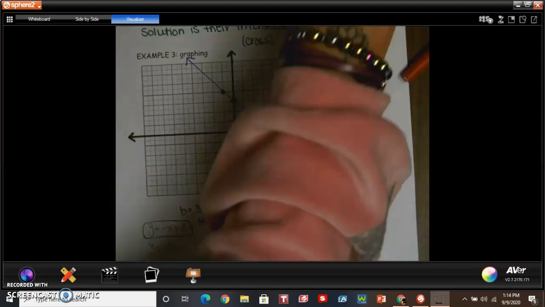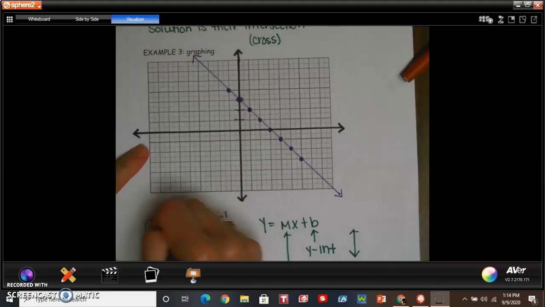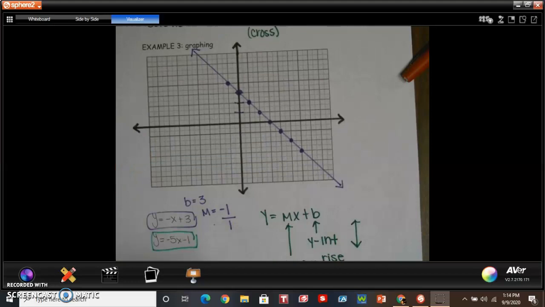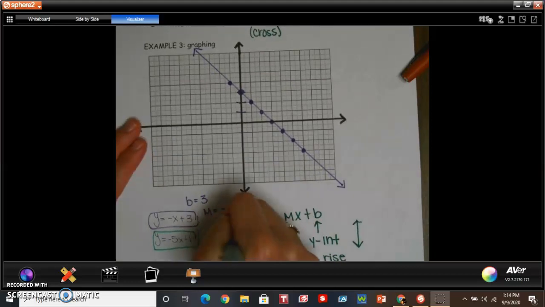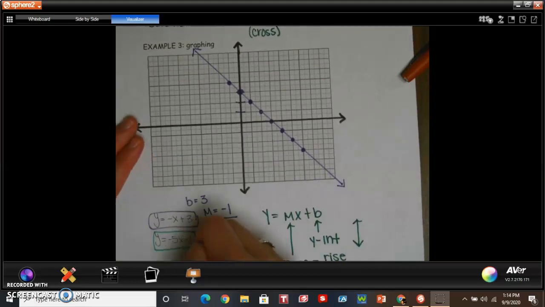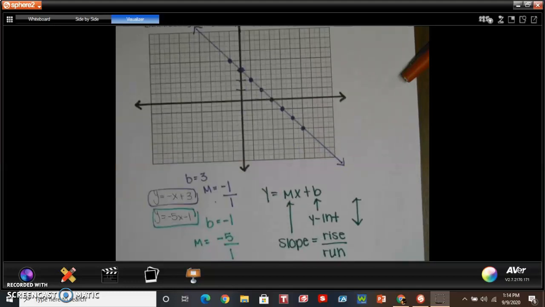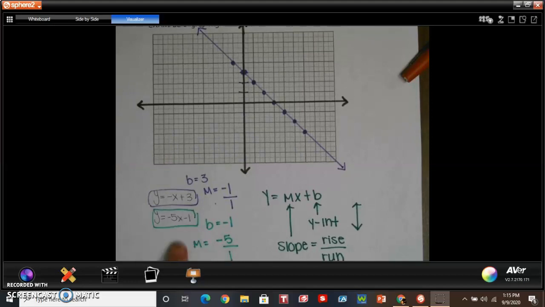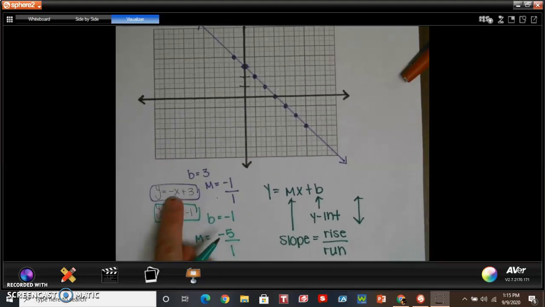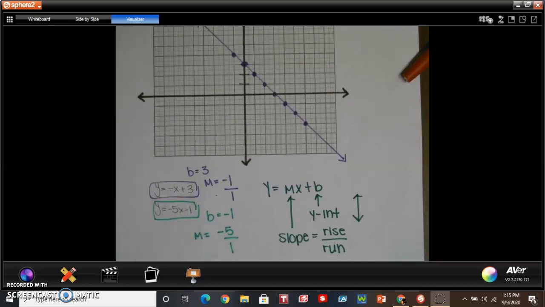All right, our next equation: our y-intercept here is negative 1, and our slope is negative 5 over 1. You're like, where are you getting that over 1 from? Remember, if it's just a whole number, like negative 5, to turn it into a fraction, we just put it over 1 because it means the same thing.